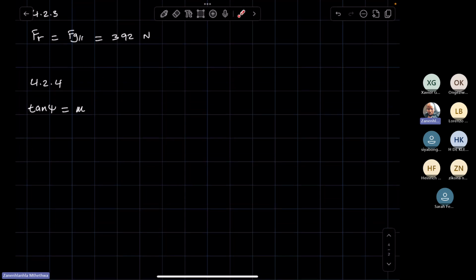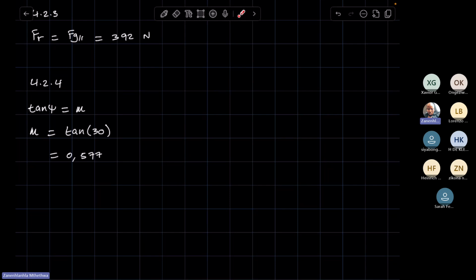Right, tan angle of repose is equal to mu, and then of course we are looking for mu, so we make mu the subject. Tan angle of repose is 30 degrees. So tan 30 is equal to 0.577.